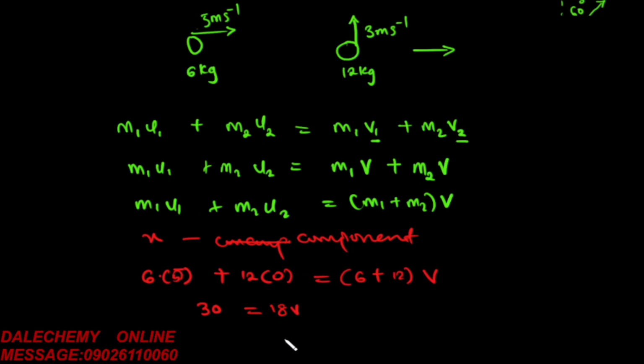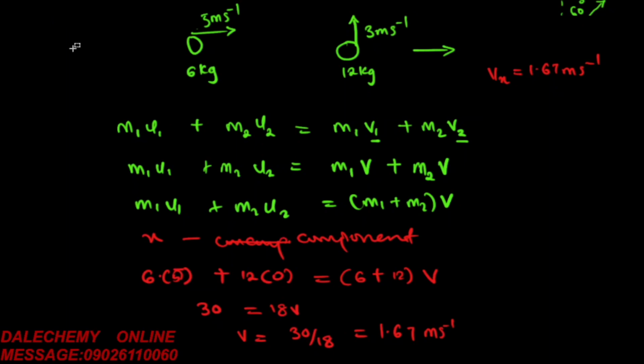And from here, the v will be 30 over 18, which will become 1.67 meters per second. So that's our Vx equal 1.67 meters per second.